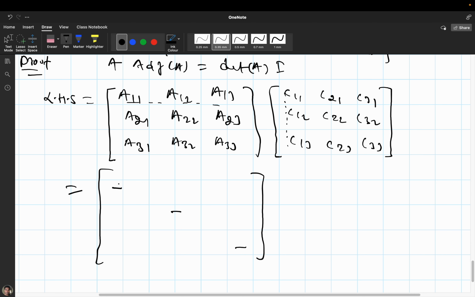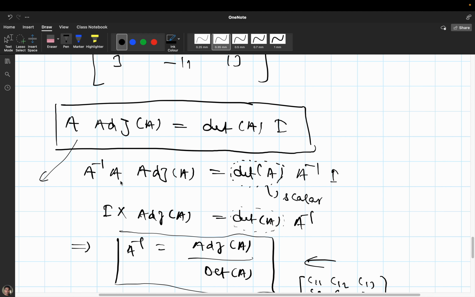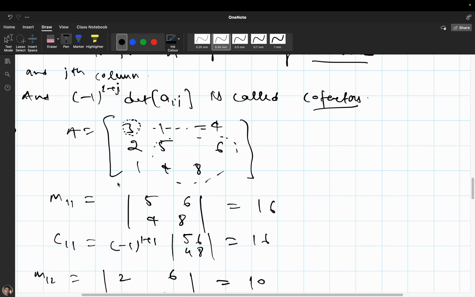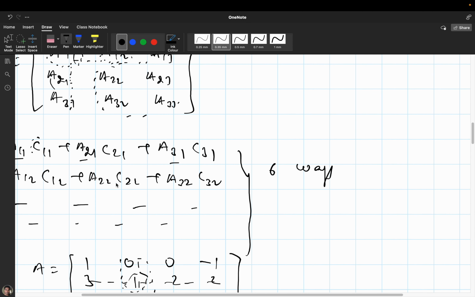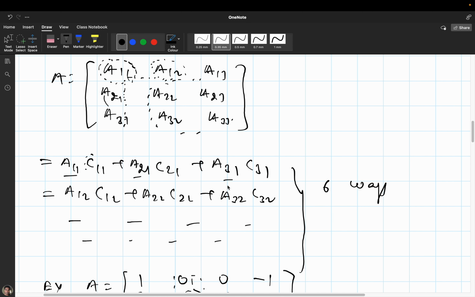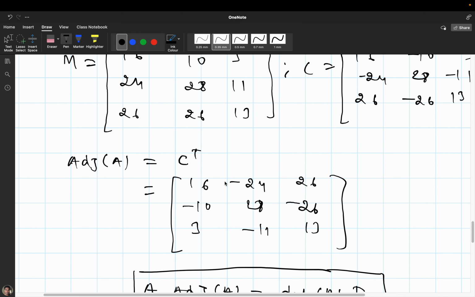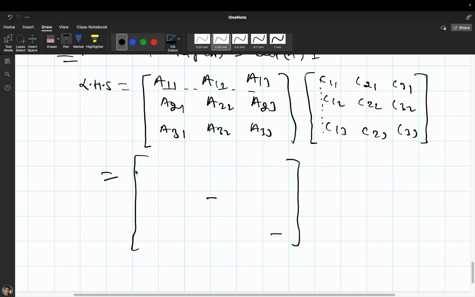That was what I just talked about. That is nothing but the determinant of A. I will talk about this other thing later.